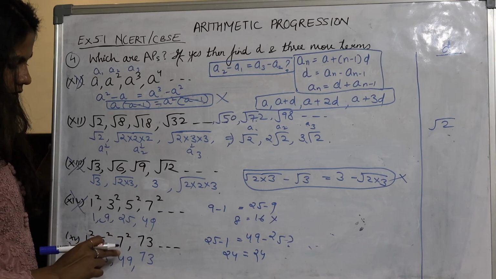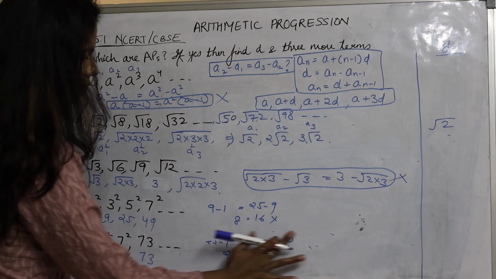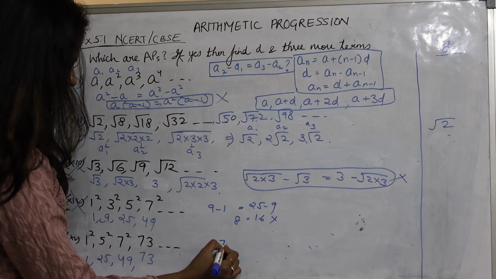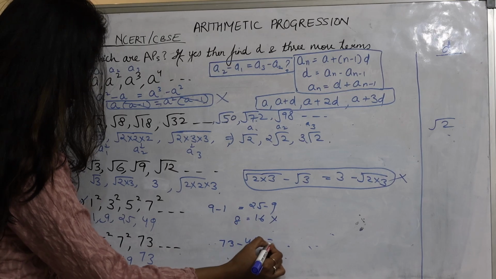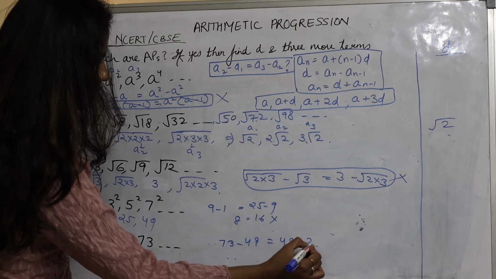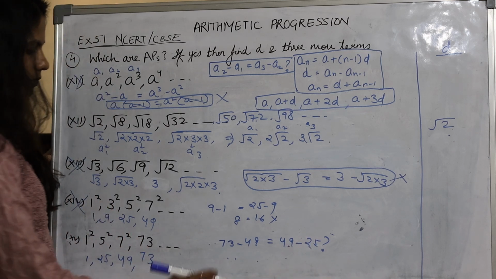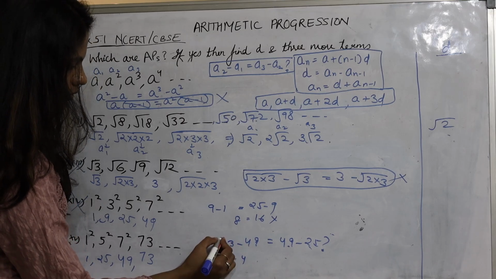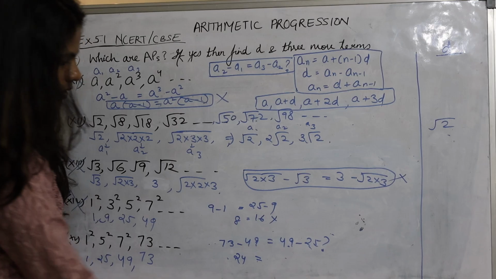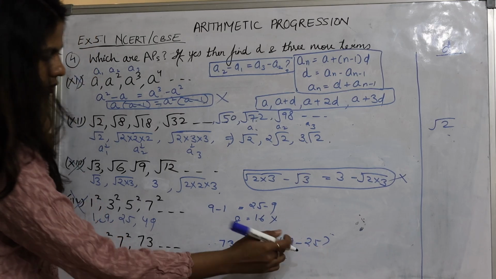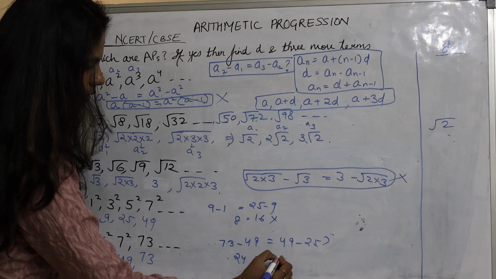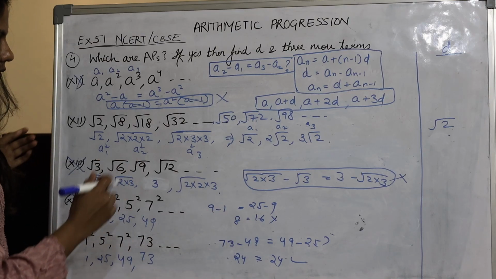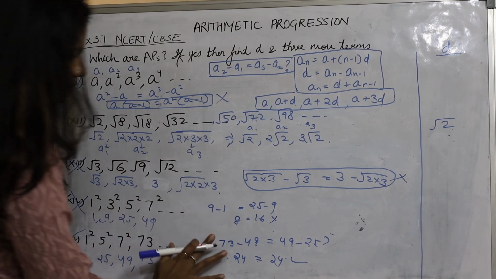And just to double confirm, you can also calculate for the next two terms. So 73 minus 49 is equal to 49 minus 25. This will be 24, which is equal to 49 minus 25, 24. Yeah. So yes, this is an AP. We have to find the next 3 terms.